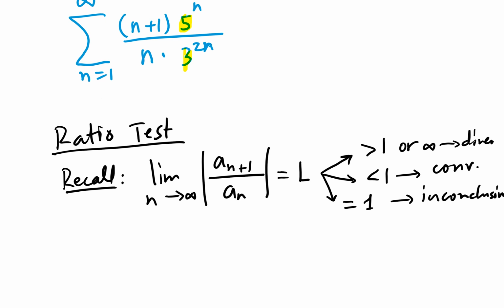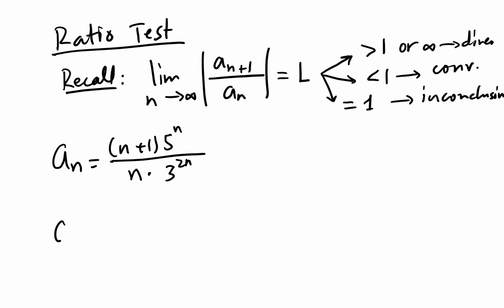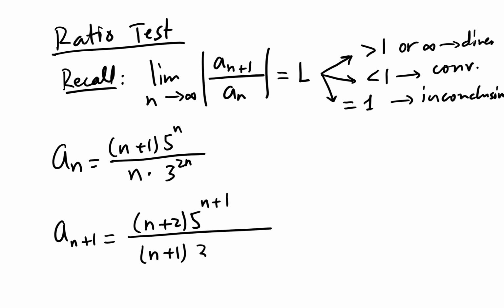So from the given problem, I can see what a_n is. It's (n plus 1) times 5 to the n over n times 3 to the 2n. From this, I can replace every n with n plus 1. So that gives me (n plus 2) times 5 to the n plus 1, over (n plus 1) times 3 to the 2n plus 2.